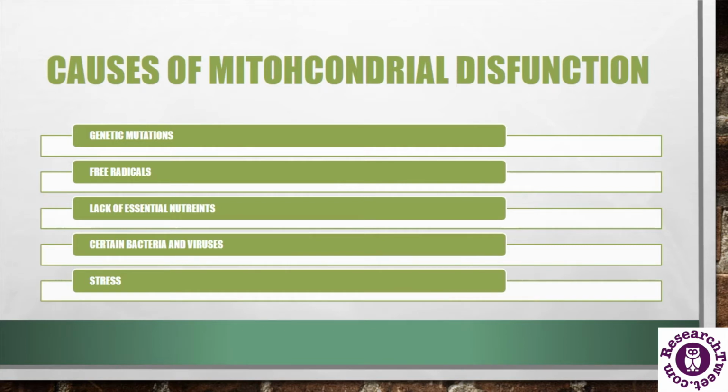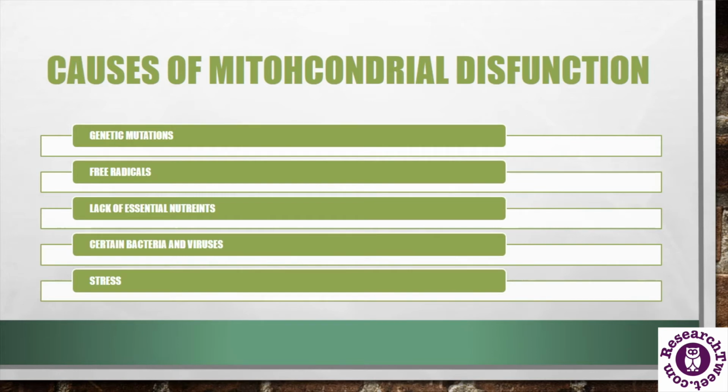In that condition, mitochondrial dysfunctioning also occurs. There can also be a lack of essential nutrients which are very important for the proper functioning of mitochondria, and the lack of these essential nutrients also causes dysfunctioning of mitochondria. There are certain bacteria and viruses which can also cause dysfunctioning in mitochondria.